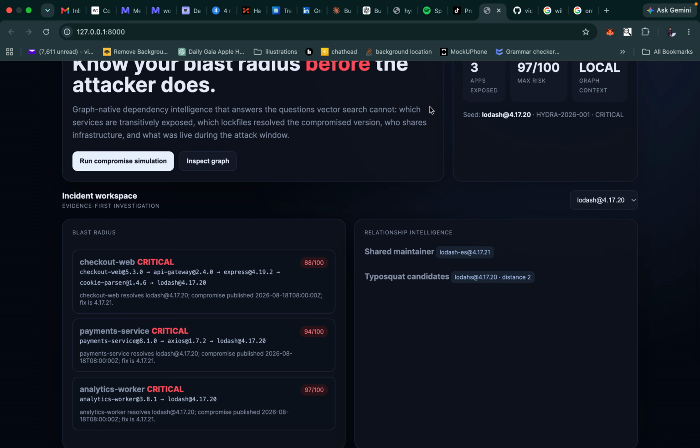HydraDB gives us a second layer of graph aware context for the investigation. The graph isn't decoration, it changes the question we can ask. We are no longer asking what text looks similar to this vulnerability. We are asking what is connected to this compromised artifact, and what does the connection mean to my system.